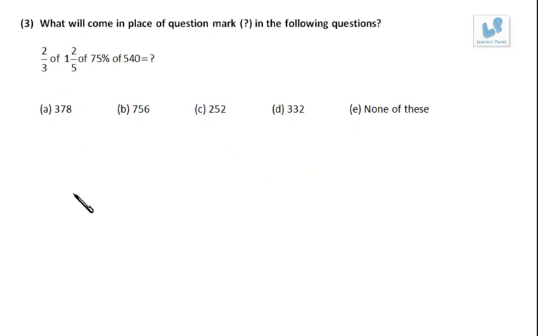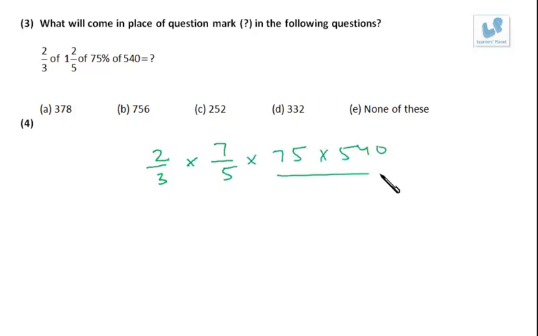Now let's solve this problem quickly. A simple problem is there. It's 2 by 3 into 15 and 27 by 5 into 75 into 540 by 100. This is 15 and this is 5. 5 2s are 10, 10 and 10, so it's 20 gone. Now 7 into 54, right?